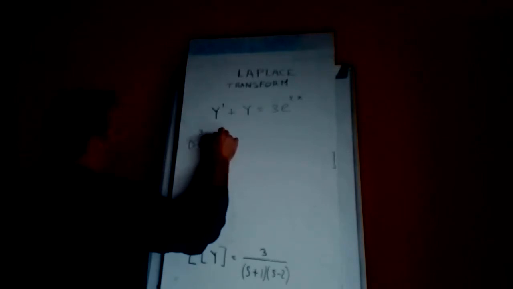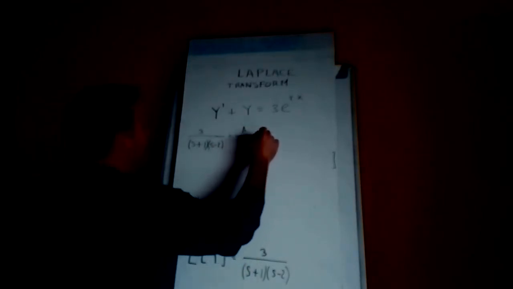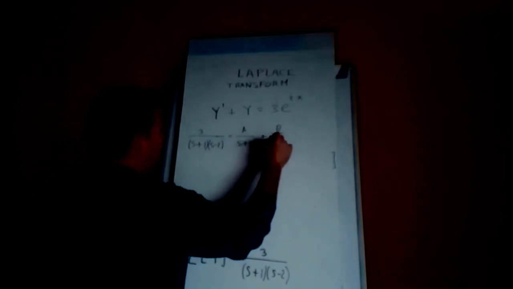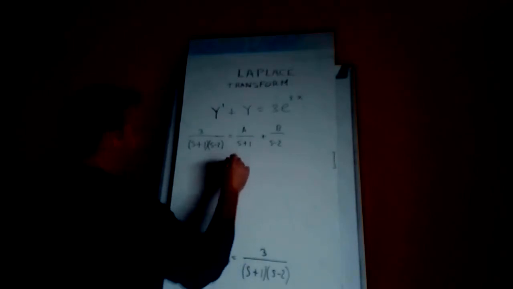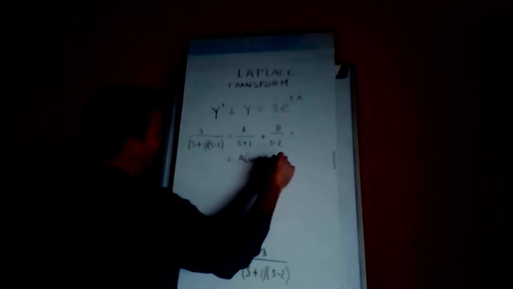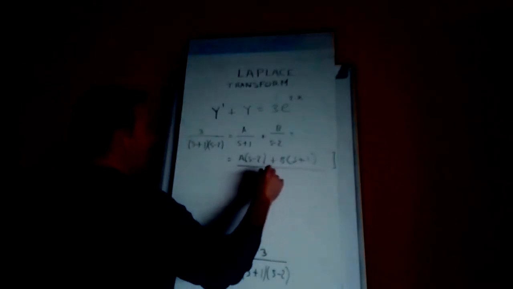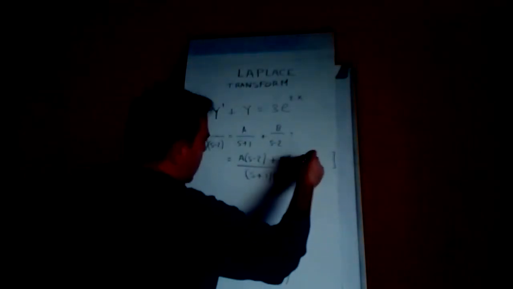We know that 3 over (s plus 1) times (s minus 2) equals a over s plus 1 plus b over s minus 2, and this has to be the same as a times (s minus 2) plus b times (s plus 1), all divided by (s plus 1) times (s minus 2).